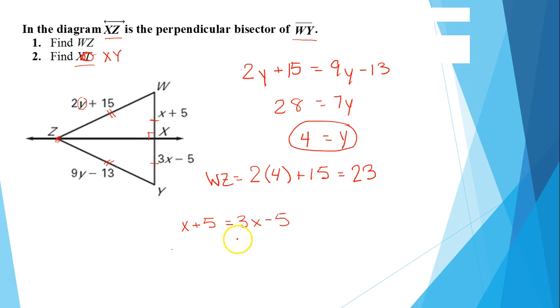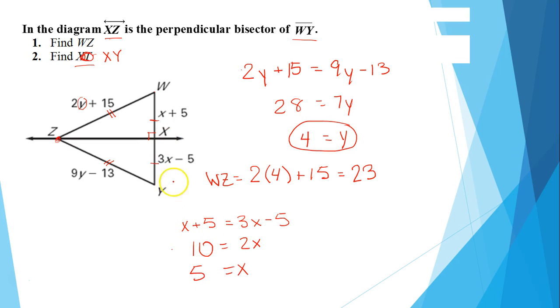So let's see, we want to subtract x from both sides. We'll get 2x here, and then add the 5 to both sides, and we get this here. Then divide both sides by 2, we get x is equal to 5.